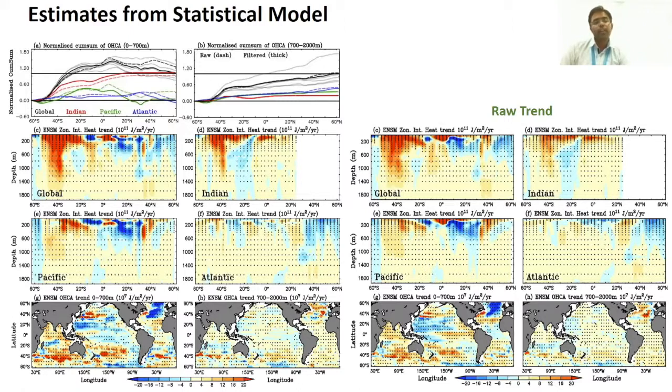If we don't eliminate this natural variability arising from ENSO or PDO, the southern hemisphere is underestimated and the northern hemisphere is overestimated. This means the southern hemisphere is actually absorbing more heat than suggested by the simple linear regression analysis, and the northern hemisphere is losing less heat than suggested by it. So the presence of natural variability distributes the global ocean heat uptake across the hemispheres, and if you don't eliminate it, the true underlying trend gets aliased.